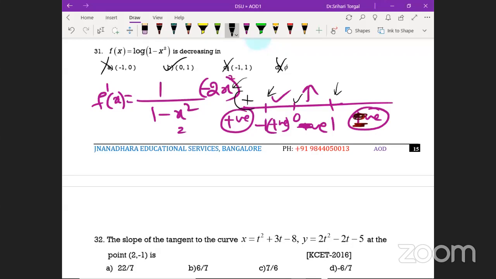You will get positive here also positive, and here it is negative and negative. You have to select an interval where it is negative because it is decreasing. Got it? Here it is decreasing because it is negative. And the option which satisfies is option B only.